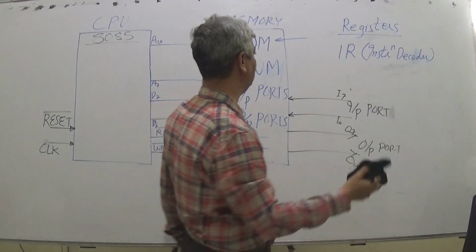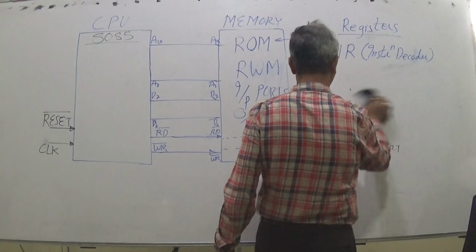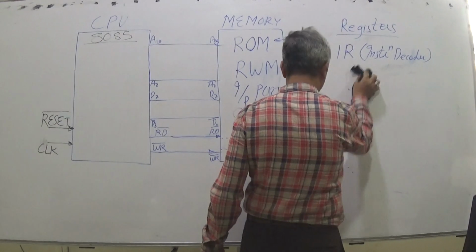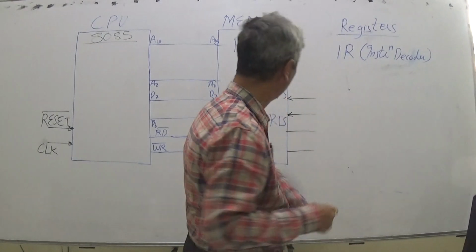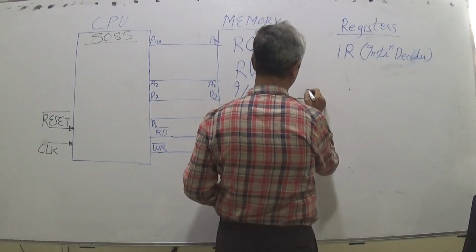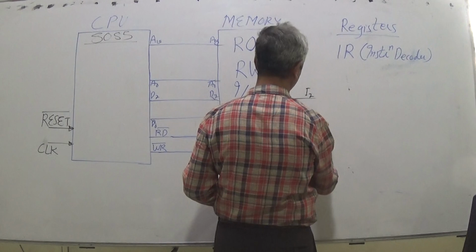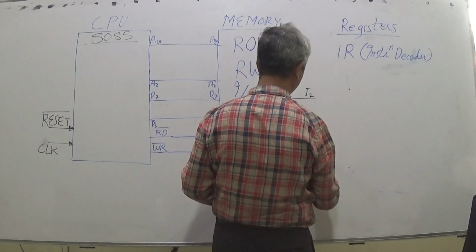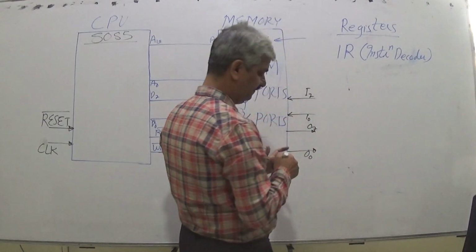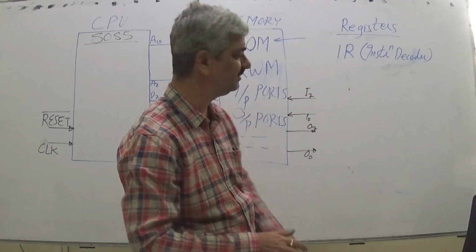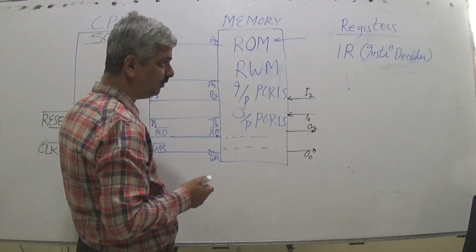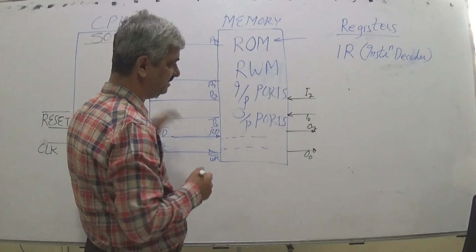Then there are various general purpose registers. I will explain to you in a very systematic manner how things work. There are some internal memory locations, read-write locations, that we call the registers.